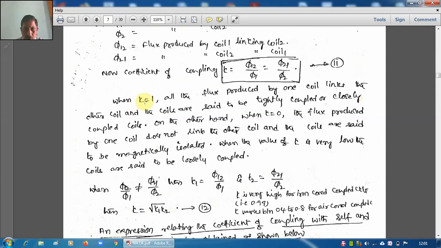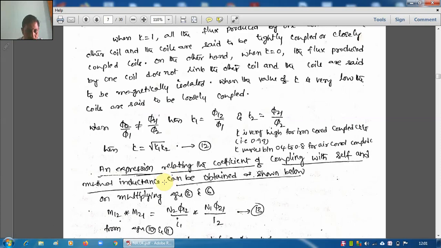I said just now, when K equal to 1, total flux of coil 1 is linking with coil 2, totally linking, 100% coupling, strongly coupled. You see, when phi 12 is not equal to phi 21, this is a very rare case, when we have non-linear circuits.